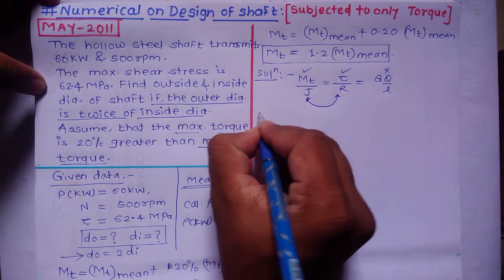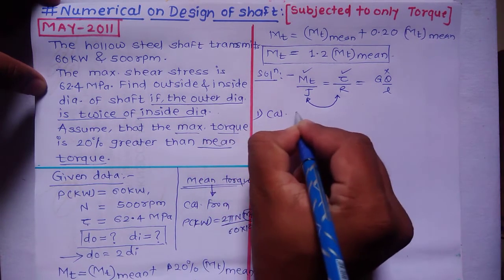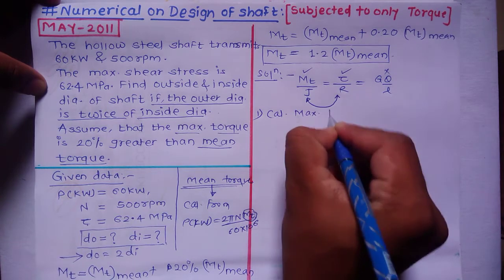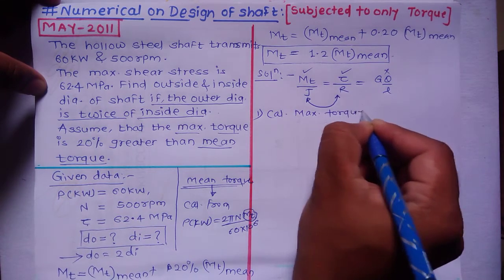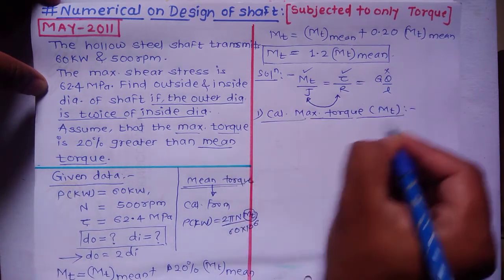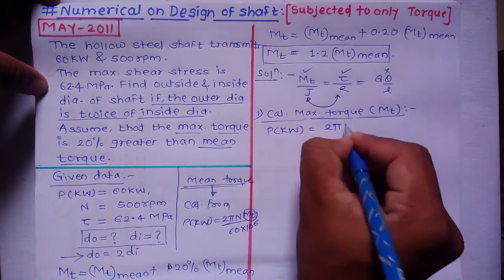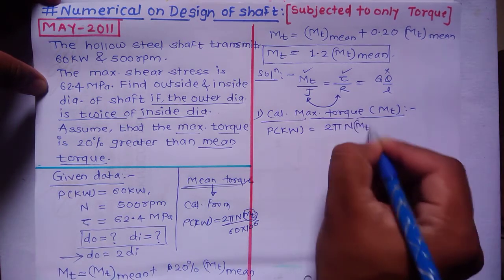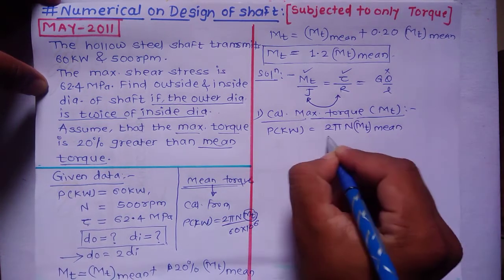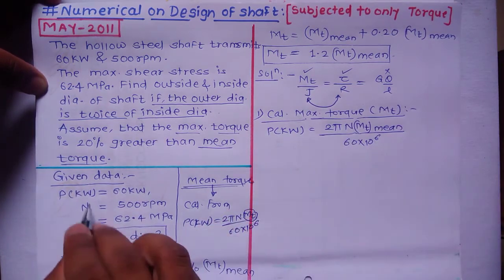So next line, write down: calculate maximum torque Mt. For that purpose we have the equation P in kilowatt is equal to 2 pi n Mt mean upon 60 into 10 raised to 6. Let us put the value of power here.